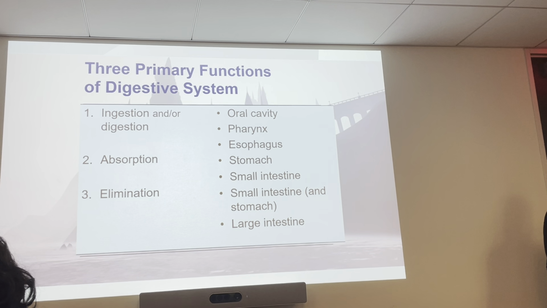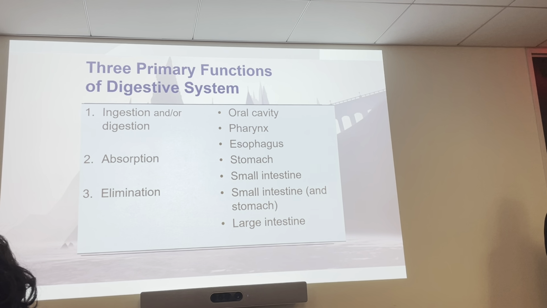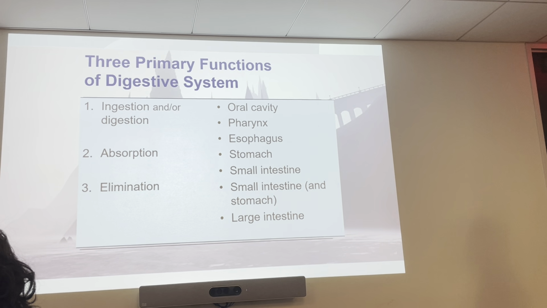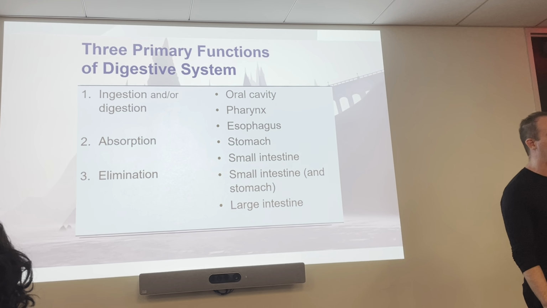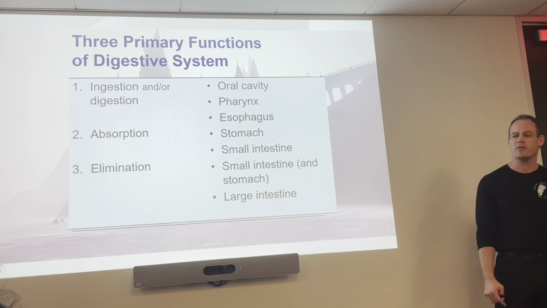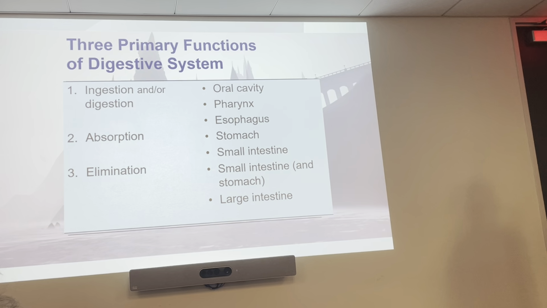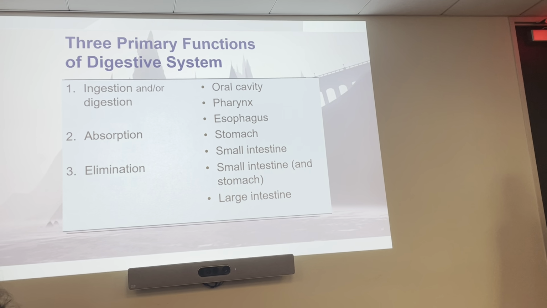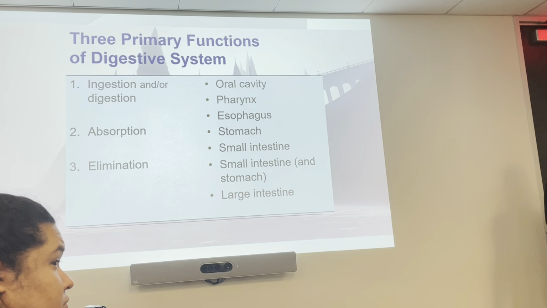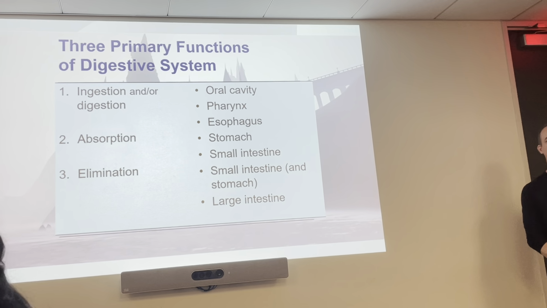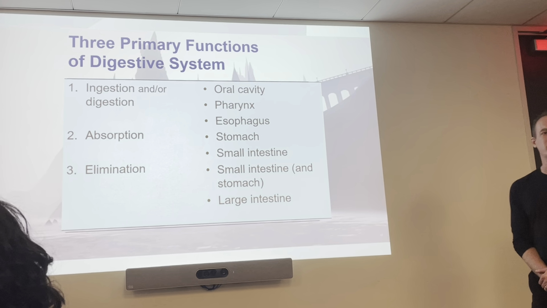That also semi-occurs in the small intestine and the large intestine primarily. Large intestine being basically where the last bit of those fluids are absorbed from the waste product before it's eliminated from the body when we go to the restroom. So ingestion, absorption, elimination.